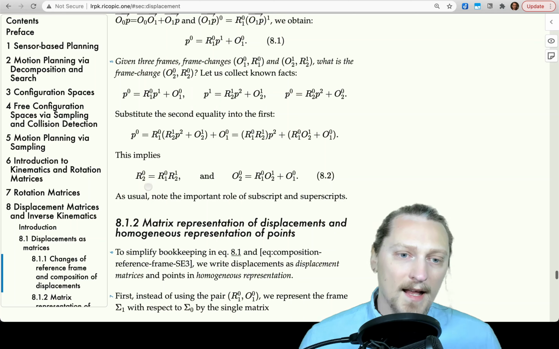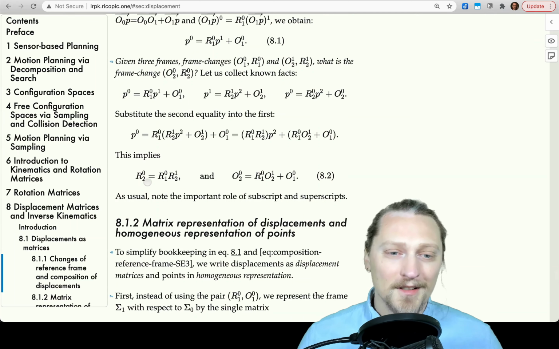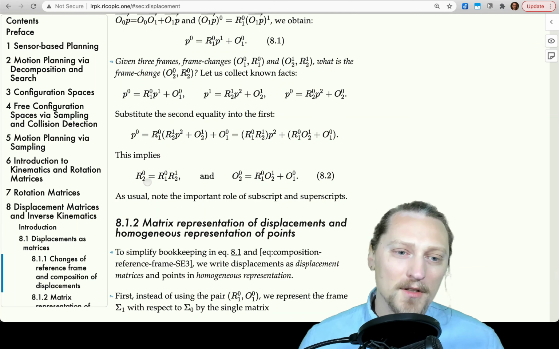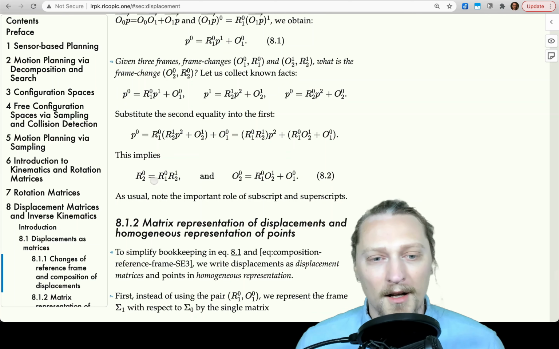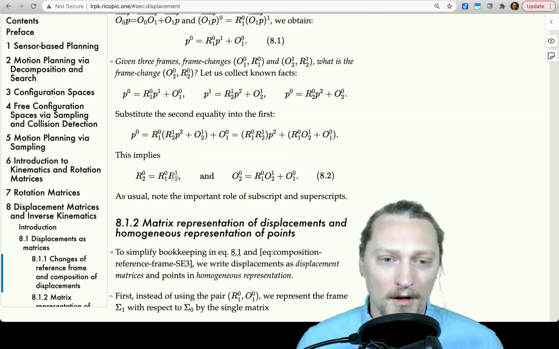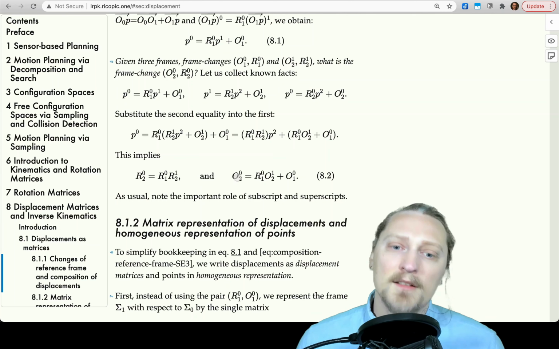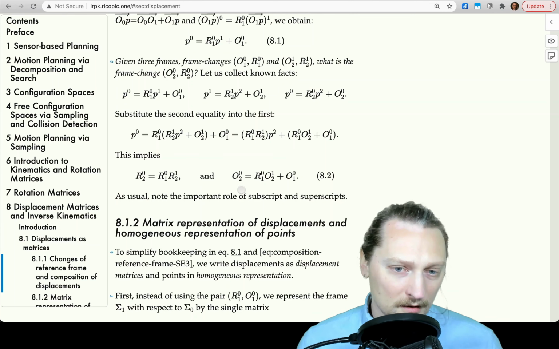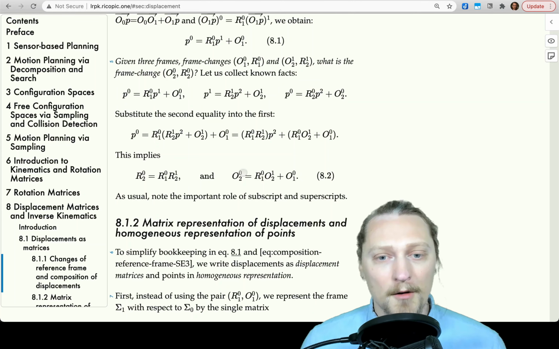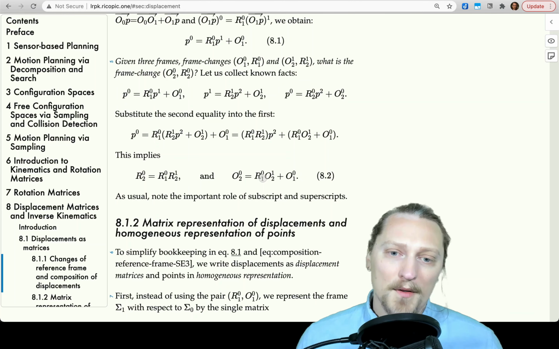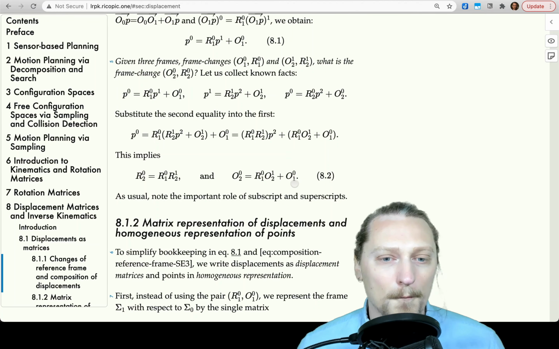Okay, this implies that R2,0, so the rotation matrix from 2 to 0, is R1,0 R2,1, and the origin translation of 2 with respect to 0 is R1,0 O2,1 plus O1,0.